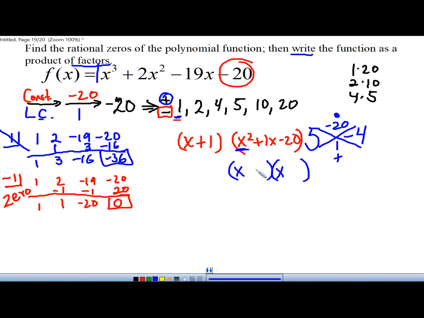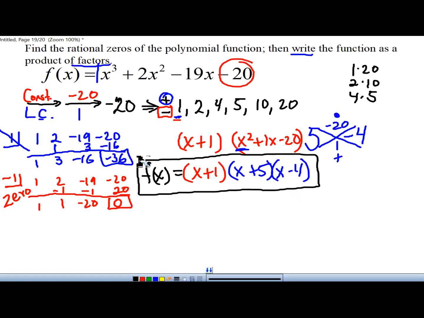One of the numbers is plus 5. The other one is minus 4. I bring down the divisor, which is x plus 1. And then we just write our function notation, which is equal to f of x. And we're done up to right there. There it is. And that's what you're going to do on tonight's homework.